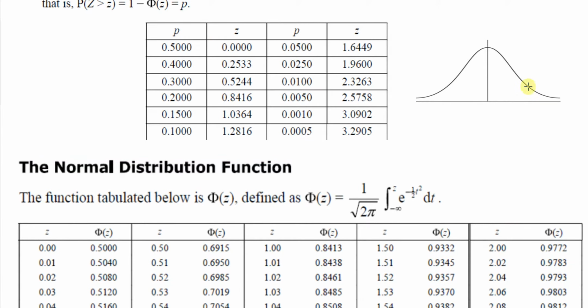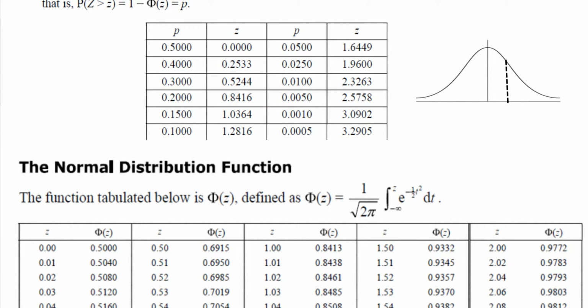So phi z will tell us the area to the left, which means the probability that something is less than that value. These are standardized z values, telling you the number of standard deviations something is above or below the mean.